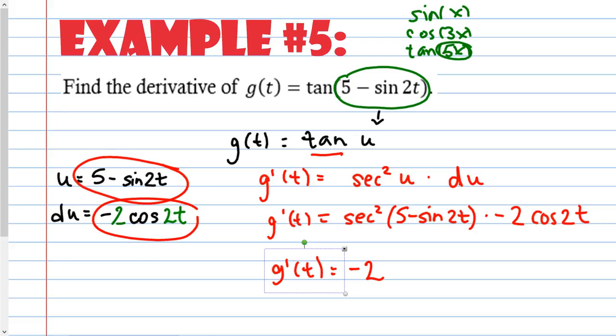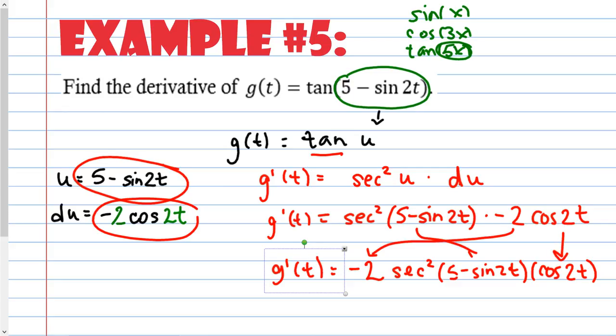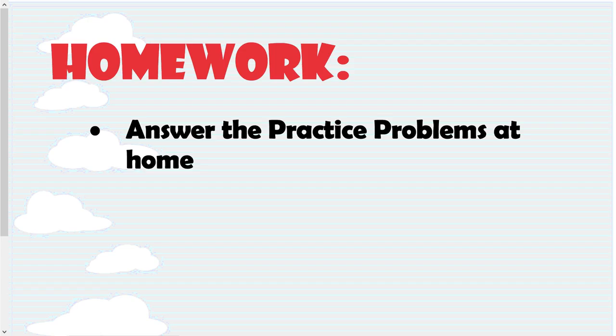Coefficients, numbers, multiples, scalars, whatever you want to call them, they should always be written in the front. It's proper math notation. Doesn't make your answer wrong, it's just you're writing it correctly. And then the rest is whatever it is. Minus sine times cosine 2t. That's it, right? Okay. Finito. Answer the practice problems, please.